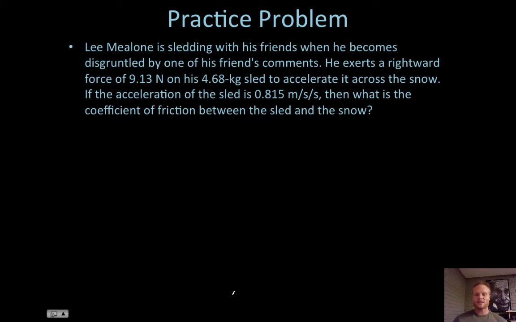So he pushes his friend's sled. If the acceleration of the sled is 0.815 meters per second, which is another way of writing meters per second squared, just so you know if you ever see that, then what is the coefficient between the sled and the snow?